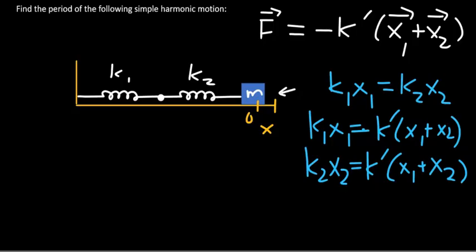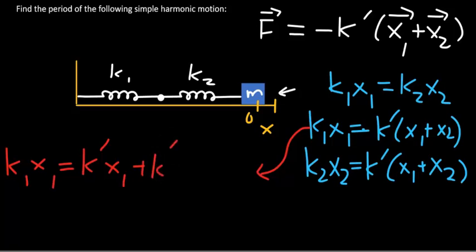So let's do just that. Let's use the middle equation. It reads K1 x1 equals K prime x1 plus K prime x2. However, x2 equals, from this equation, K1 over K2 times x1.